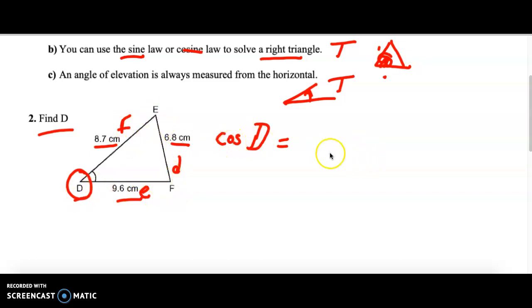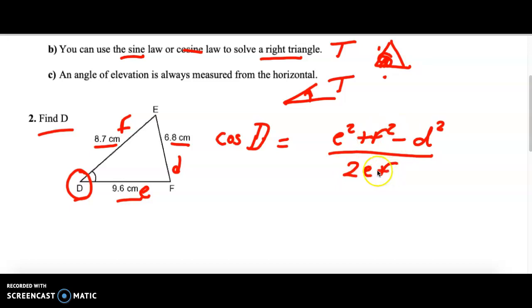When we set this up, there's big D here. The only time you see little d is over here, and after that, you use the other sides. So that's going to be e squared plus f squared minus d squared all over 2ef. Our version says a and b, it says b and c, so it's the two sides that aren't associated with the angle.